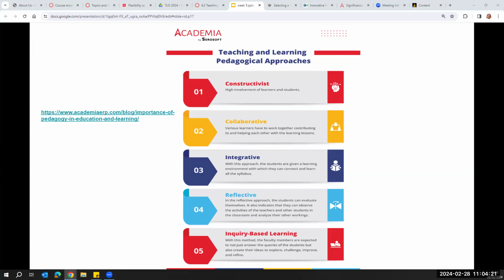The reflective approach, which is one approach that we use in this unit, is all about asking students to evaluate themselves and their previous experiences. If you remember, what we do a lot, in group tasks or individual tasks, is that you are presented with information, a video or something, and then you are asked to reflect on your own learning.